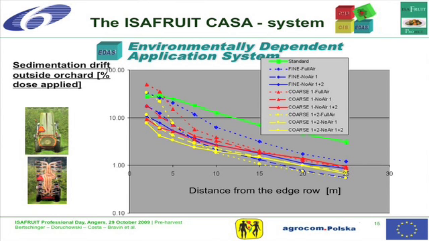So if you look at this, just some of the results. Here is the distance from the edge row and the sedimentation drift outside orchard in percentage of the dose applied. The green one is the standard, and here you have different situations of the EDA system with the coarse spray nozzles and different options that you can combine.